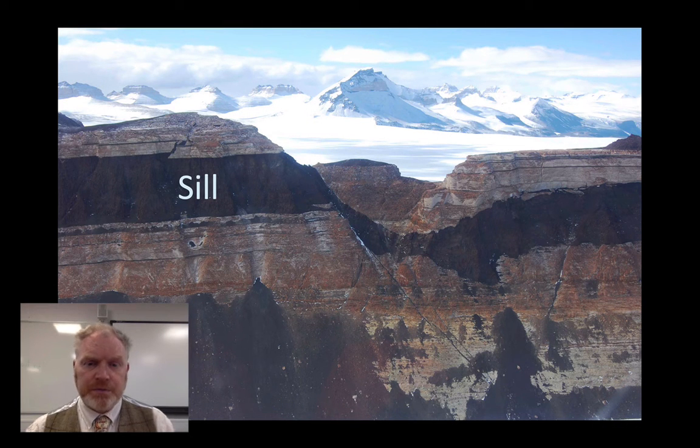A sill is an intrusive igneous rock, where the intrusion follows or is concordant with the layers in the country rock. In this particular example, a really clear one from Antarctica, the dark rock is the igneous one.